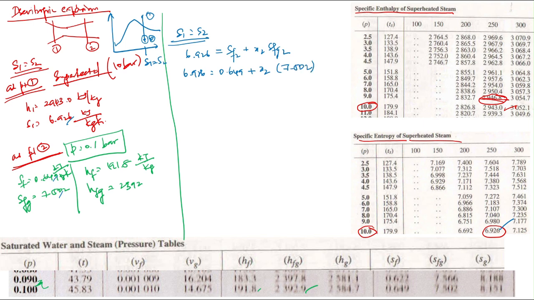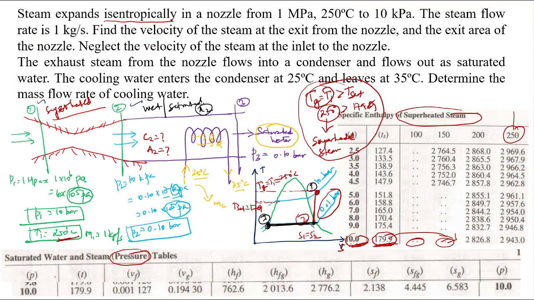After substituting these values, we get X2 equal to 0.8367. This is the condition of the steam at exit, which is 83.67 percent dry steam. So in the diagram, point 2 is located at 83 percent, almost nearer to the saturated vapor condition.